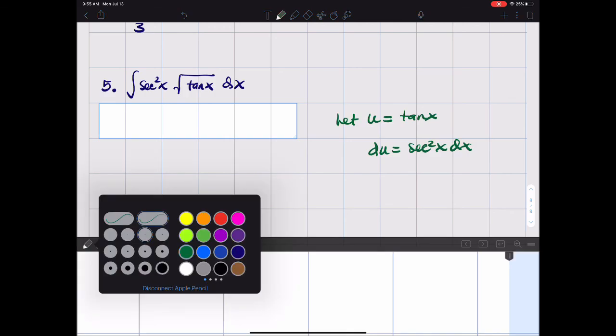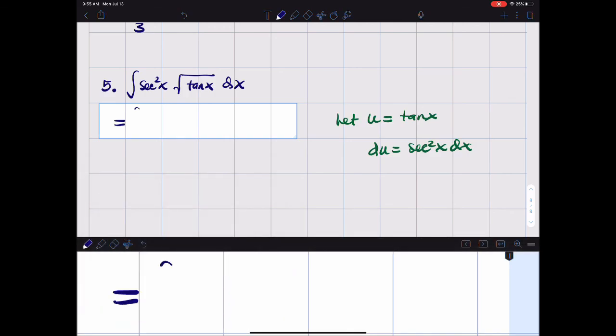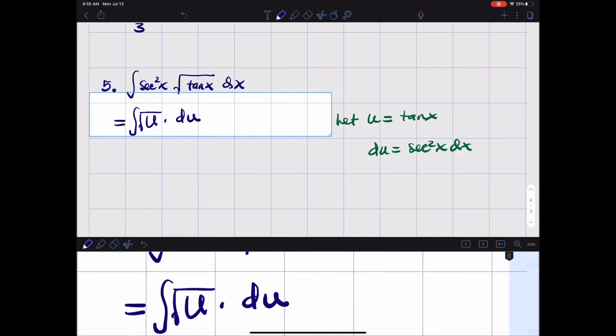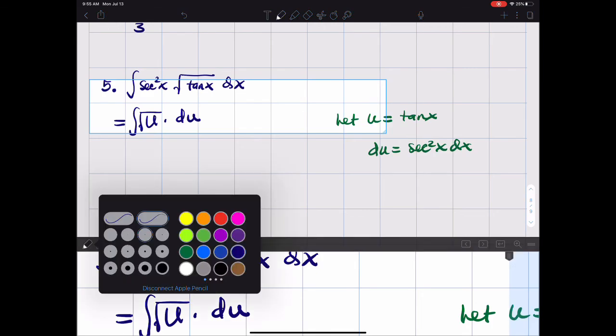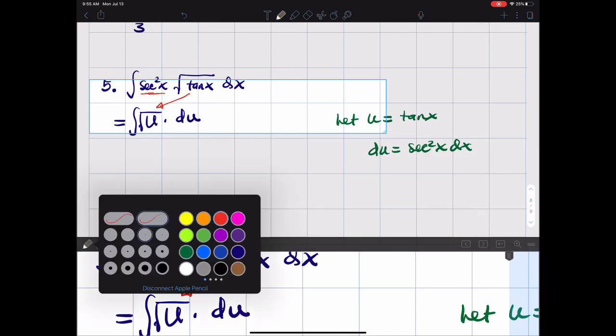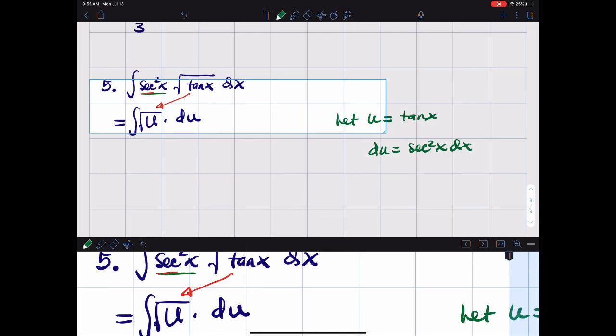So what do we have here? We have the integral of square root of u du. That's all we have. Secant squared x dx come together to give you du.